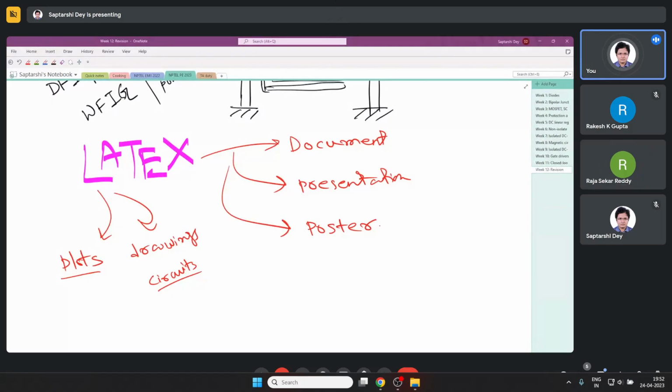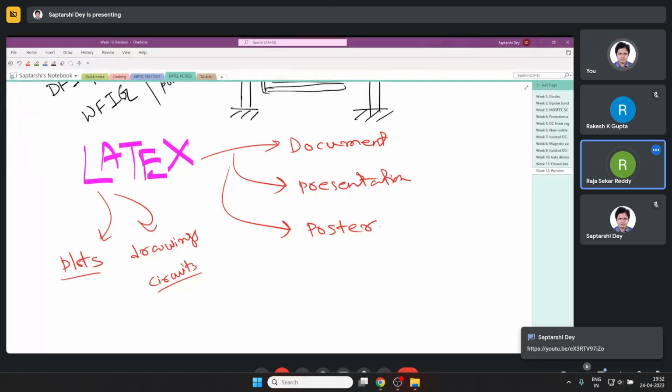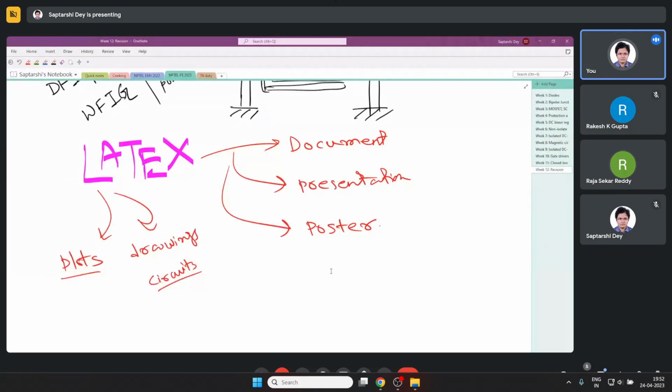So many things you can do in LaTeX. Right now, we do not even go out of LaTeX. We try to do our work as much as we can in it. This term you can keep in your mind. I don't know if you have heard of it.